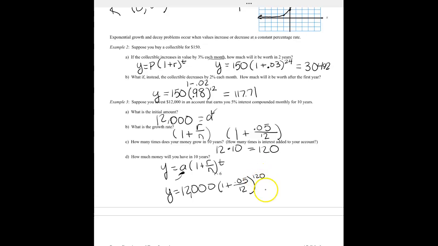Plug this all into a calculator, because if you can do this in your head, well, why can you do this in your head? That's my first question. I mean, it's talent, but also just why? All in all, I should get $19,764.11. That should be it.